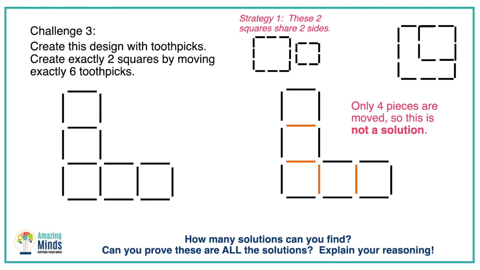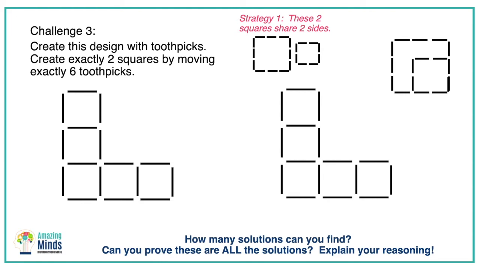Let's look at another option. If we consider this option, which toothpicks would have to be moved? And this is just a good strategy for students to think through, what do you want your outcome to be and what will have to move to make that happen? Well, in this case, there are 6 toothpicks that are not part of the solution.